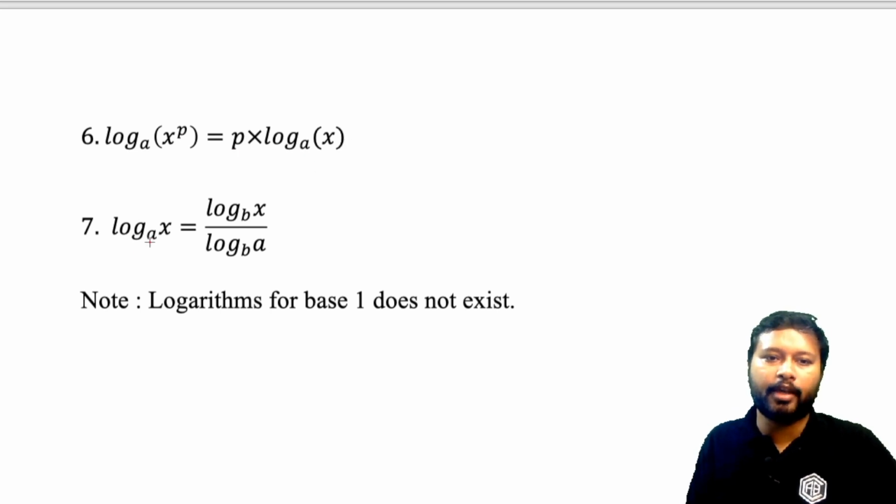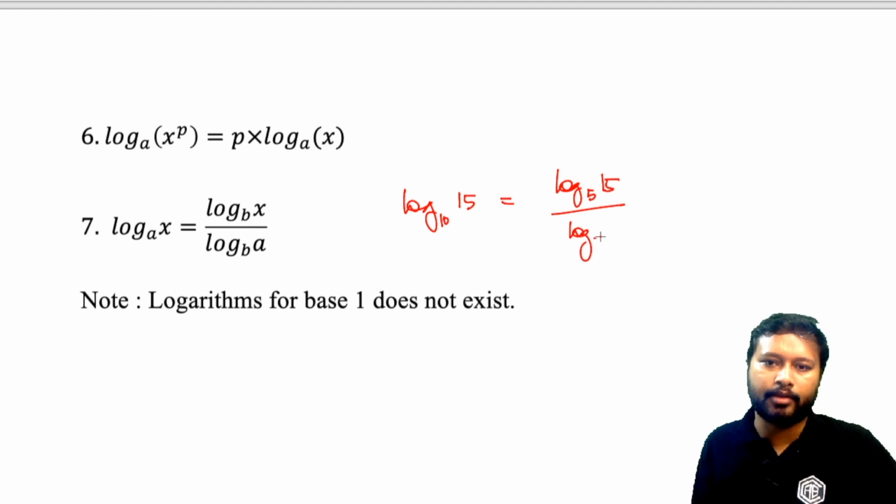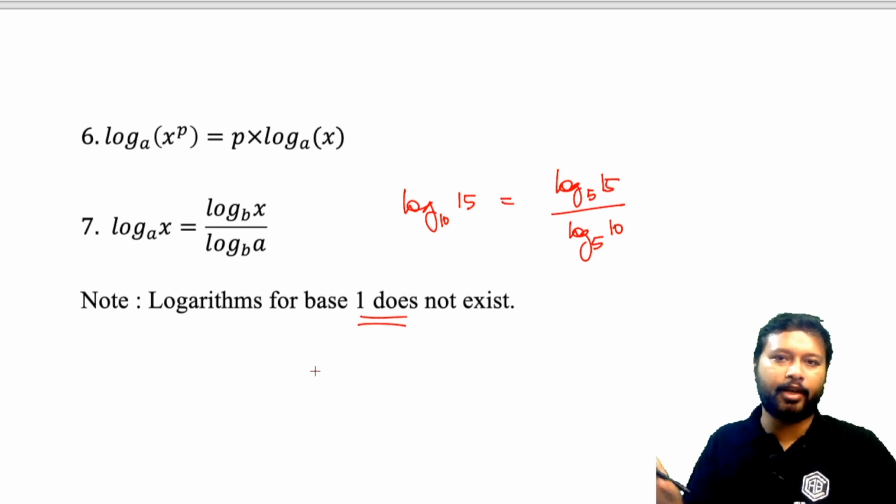If you have log base a of x, it can be written as log base b of x divided by log base b of a. Okay, that means if you have log base 10 of, let's say, 15, it can be written as log base b of 15 divided by log base b of 10, something like that. Okay, logarithm for base 1 does not exist. So base 1 cannot happen.